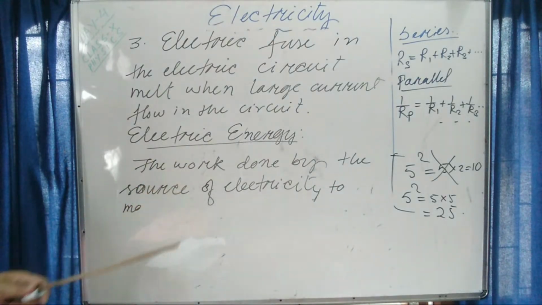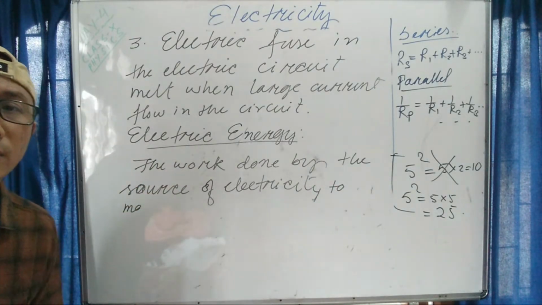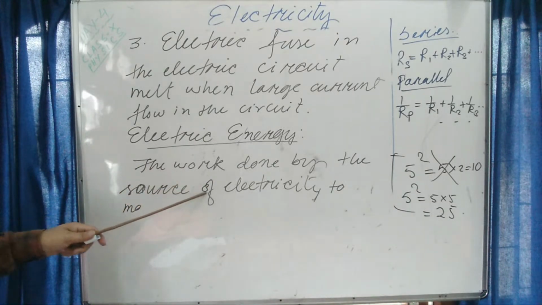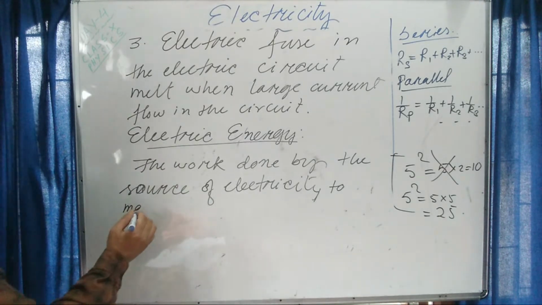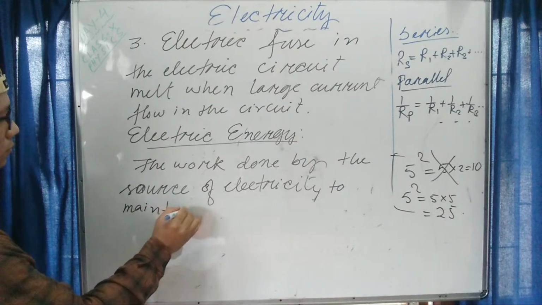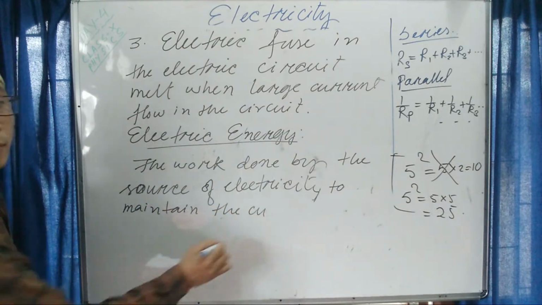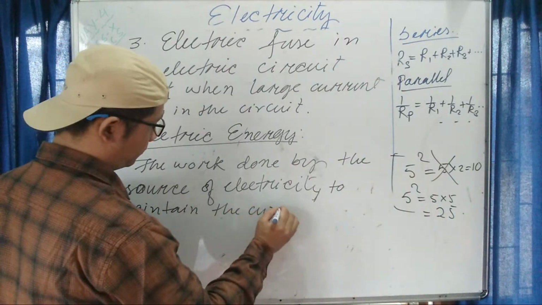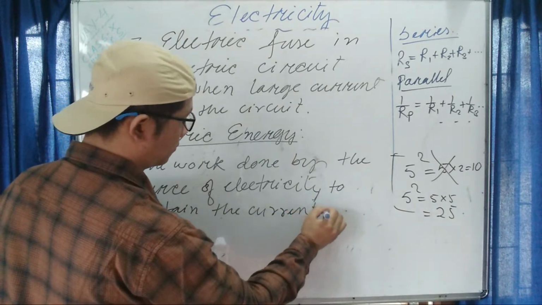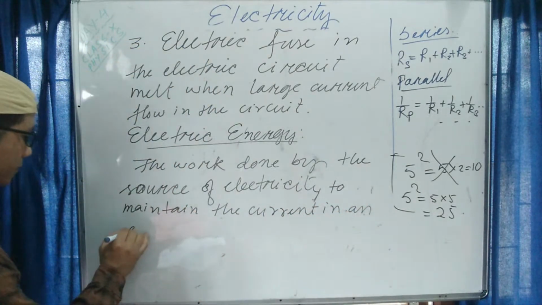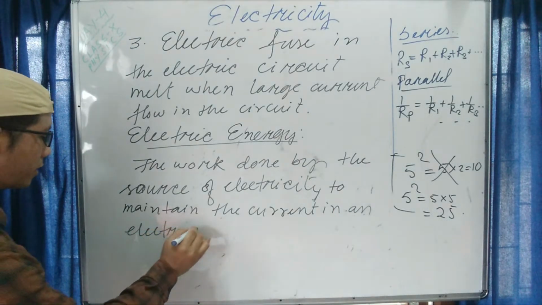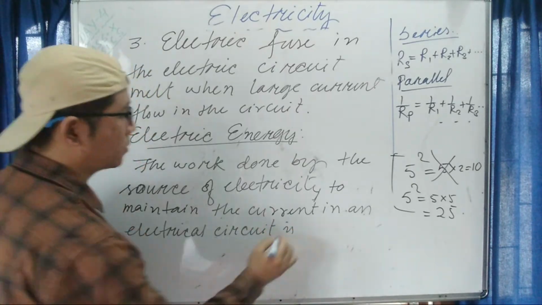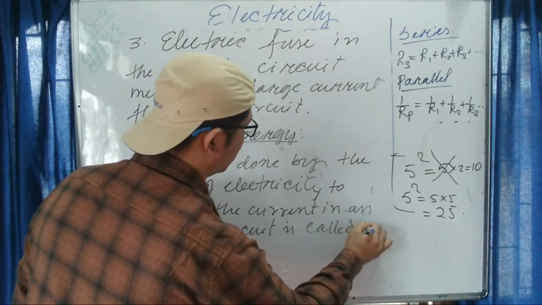So here we can write like this also. The work done by the source of electricity to maintain the current in an electrical circuit is called, or is known as, what?